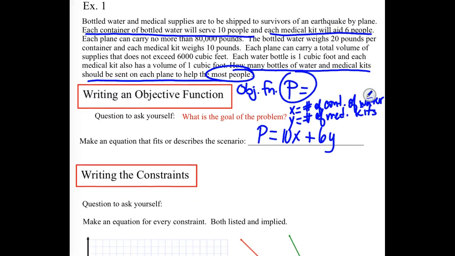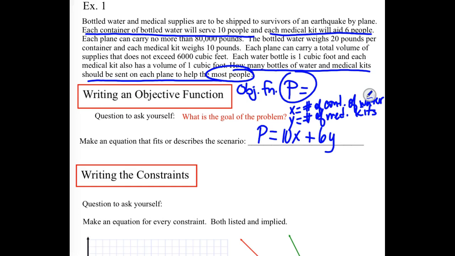I like to get the objective function written out first because then those numbers are out of the way. We never graph that objective function, right? We just set it aside until we come to the end where we plug our vertices into that. So now we have to go back to the word problem and find all the little constraints that we have. It helps to kind of think of the types of information that you're given.